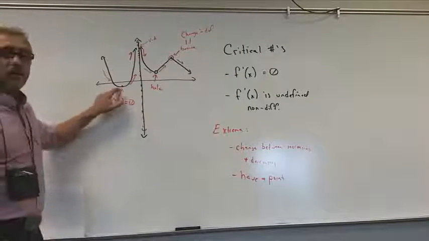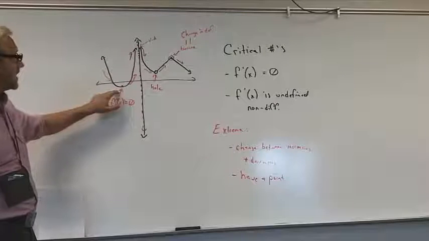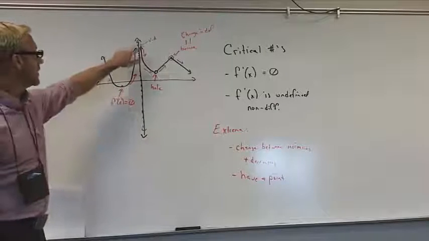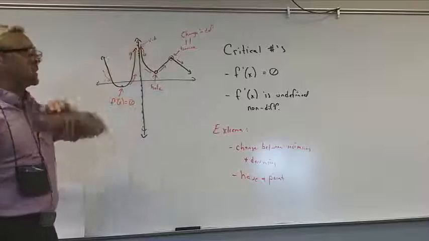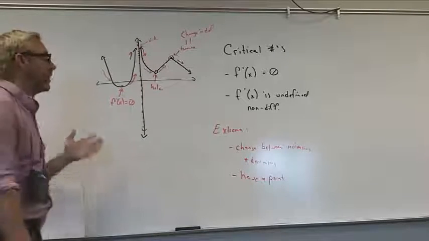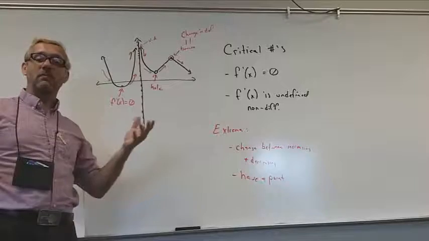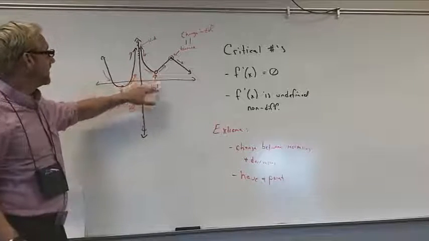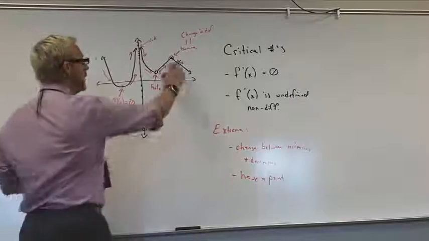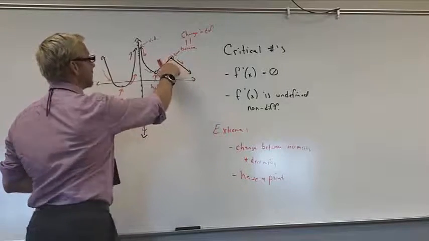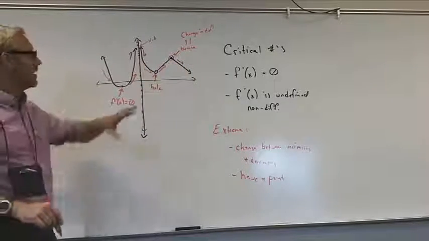So here, this would be an extrema. In this case, it's a minimum. This would not be an extrema because I don't have a point here. This vertical asymptote, I don't have an x that's in my domain there, so I can't have an extreme point. Here, because I've got a hole, again, I don't have an extreme point. Here, I do have a maximum because I do have an extreme point.